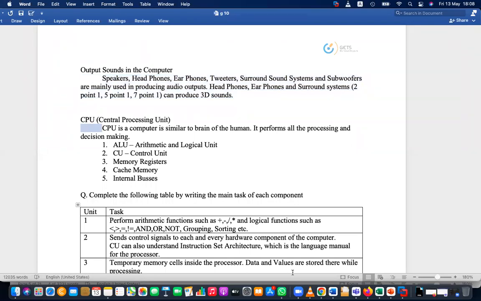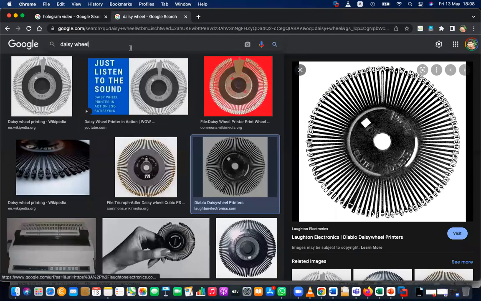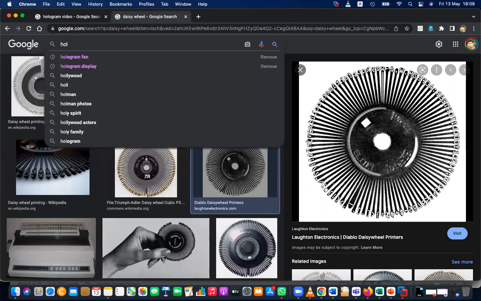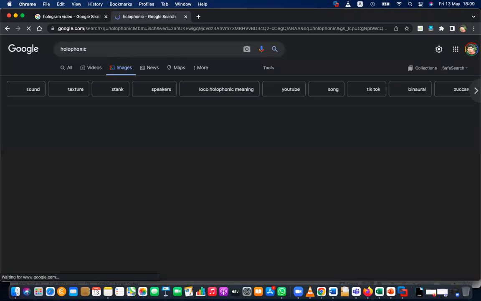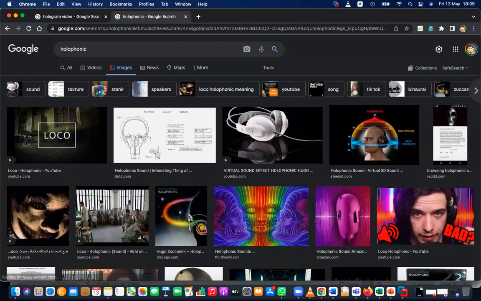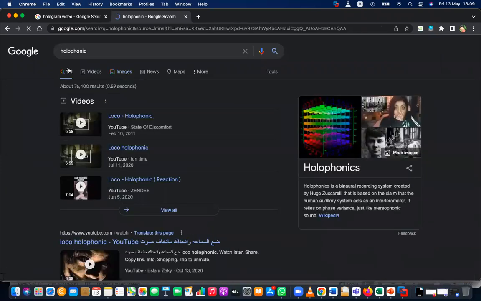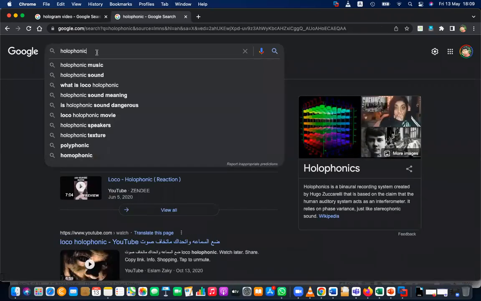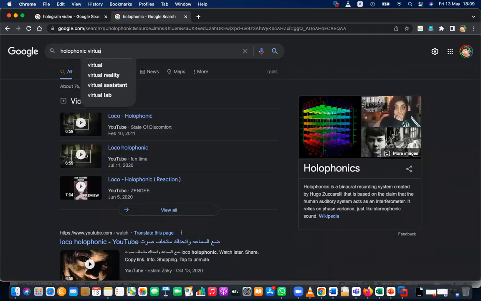The simplest format of 3D sound is called holophonic. Holophonic. You can listen to this using your earphone or headphone. So that is a really simple format of sound, which is holophonic. There is a sound called virtual barbershop under holophonics.